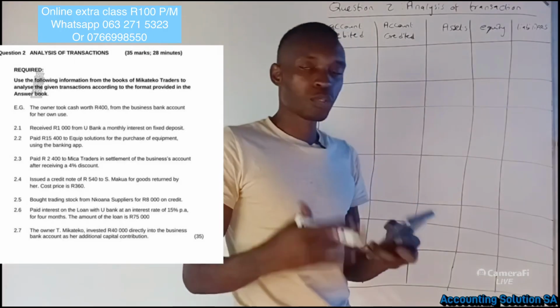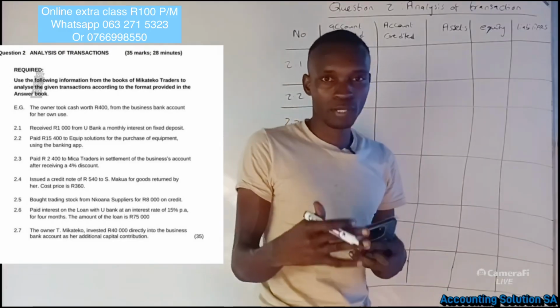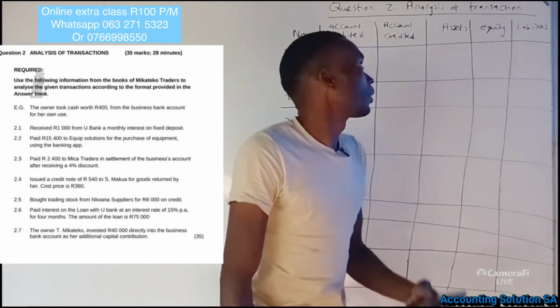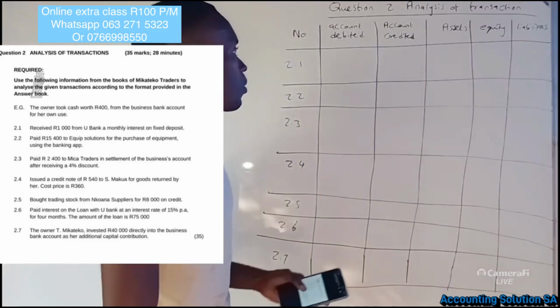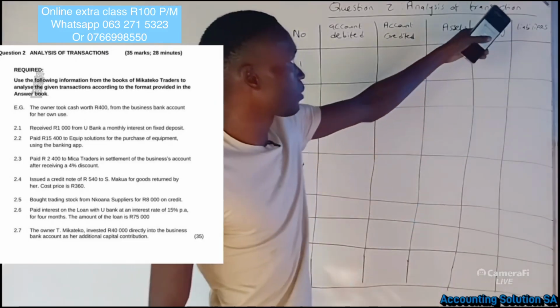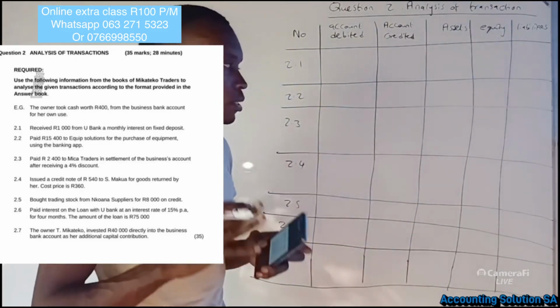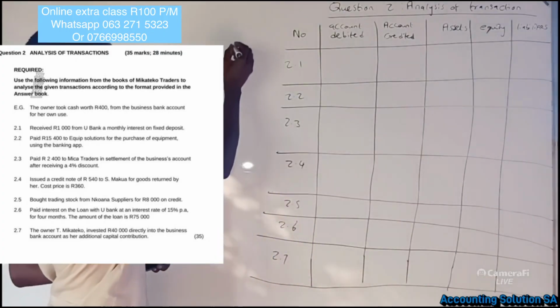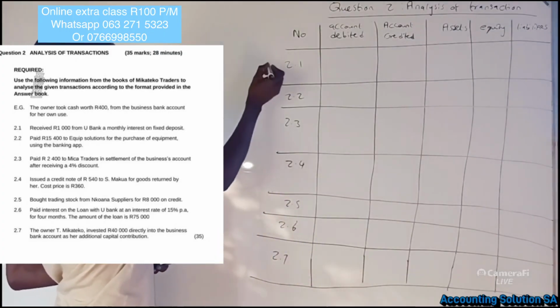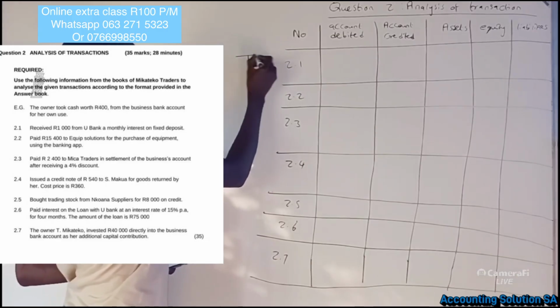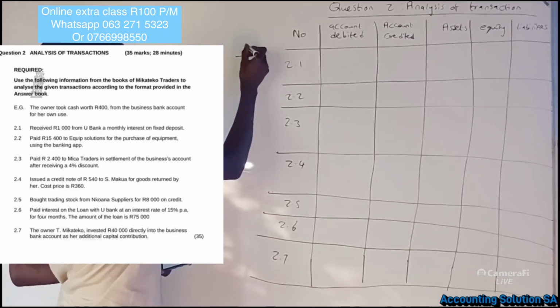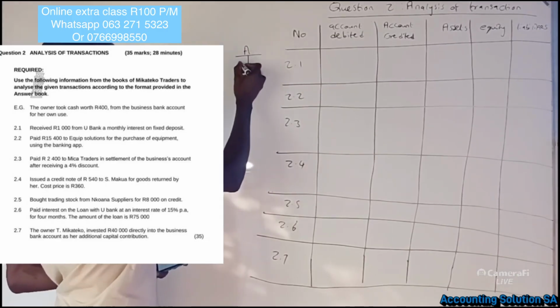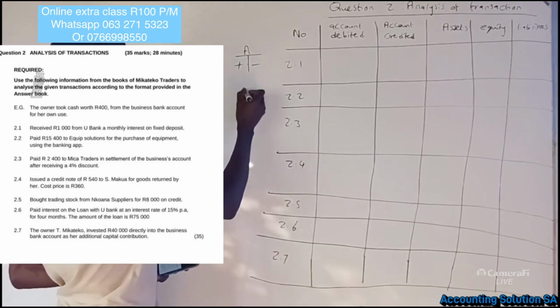Once the owner takes something for personal use, we call it what? Drawings. And drawings, we know very well, fall under what? Equity. So this is the principle that you have to learn, guys. When we are dealing with assets, it always increases on the debit and decreases on the credit.